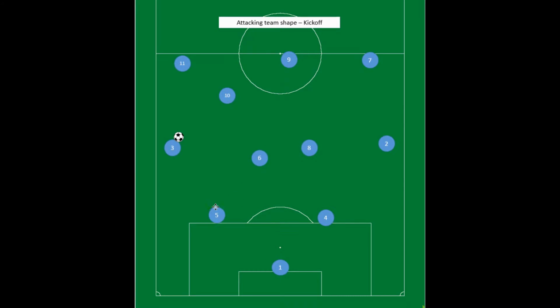So the 5 would shift over here, supporting the 3 and the 6. The 4 shifts over to cover up a little bit of the space because we've shifted. The 6 is shifted here as a support position. The 8 may be pushing up here to receive the ball. The 7 comes down to support. So we end up shifting over a bit.